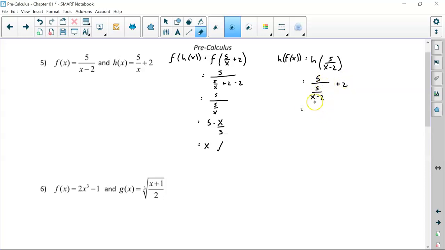Work with the fractions first. We don't divide, we multiply by the reciprocal, so it's 5 times x minus 2 over 5. Order of operations, we multiply first, and then plus 2. So the 5's cancel, so we're left with x minus 2 plus 2, which gives us x. There we go. They are inverses for sure.